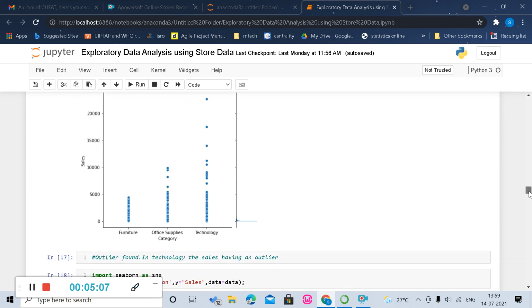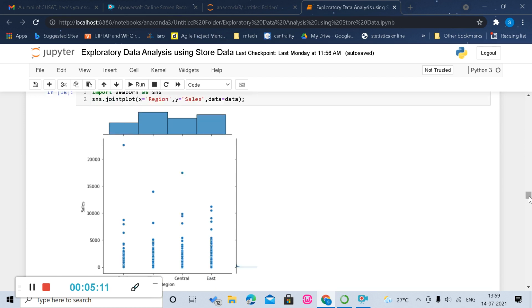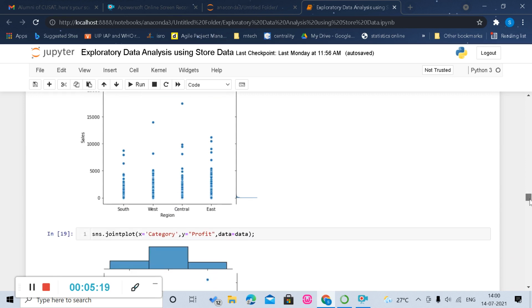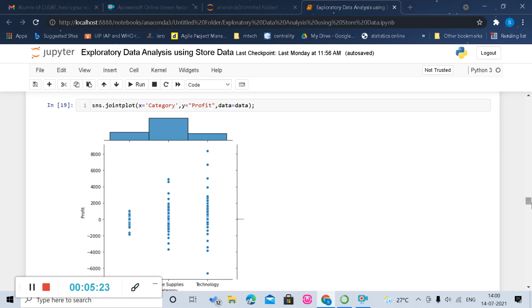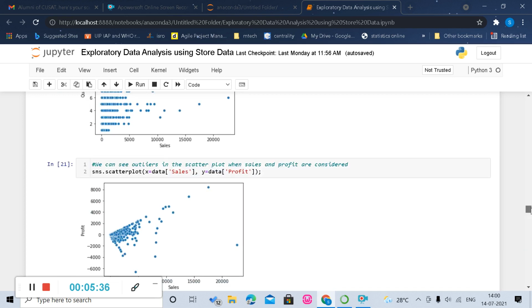Coming to the joint plot of region and sales: four different regions are there, south, west, central, and east, and the sales. Next, category and profit, and sales and quantity. I have just randomly selected a few values and plotted the same.